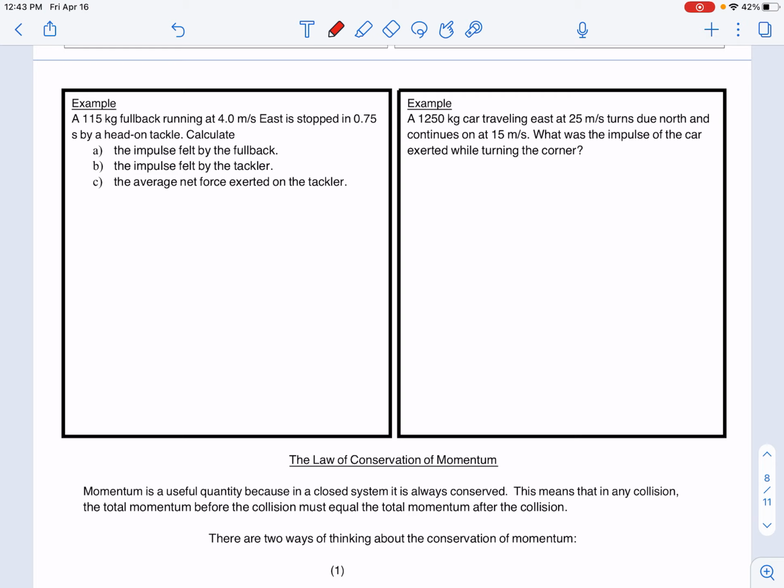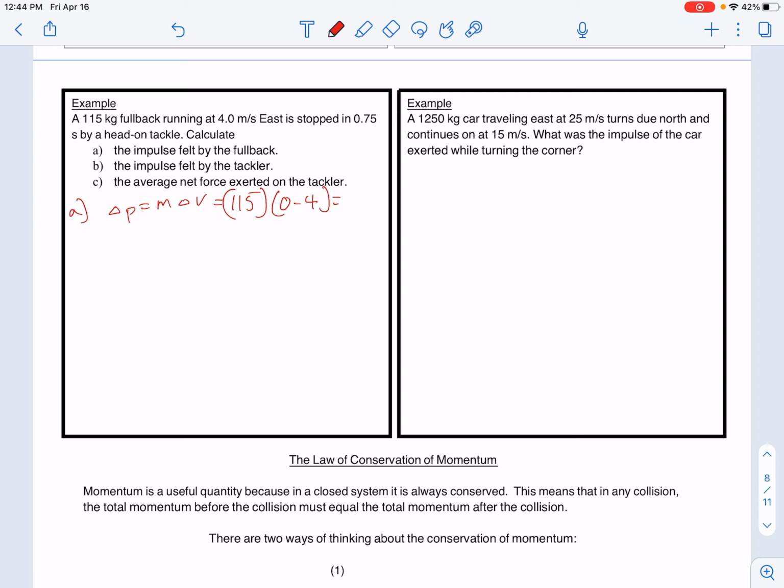All right, so for part A, we have the change in momentum. It's going to be mass times the change in velocity. So if we're talking about the fullback, we have a mass of 115 kilograms. Their final velocity is 0. Their initial velocity is 4.